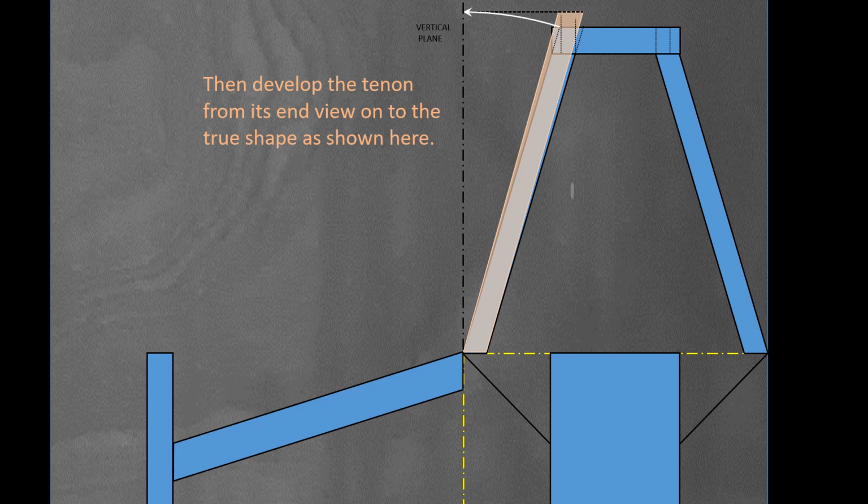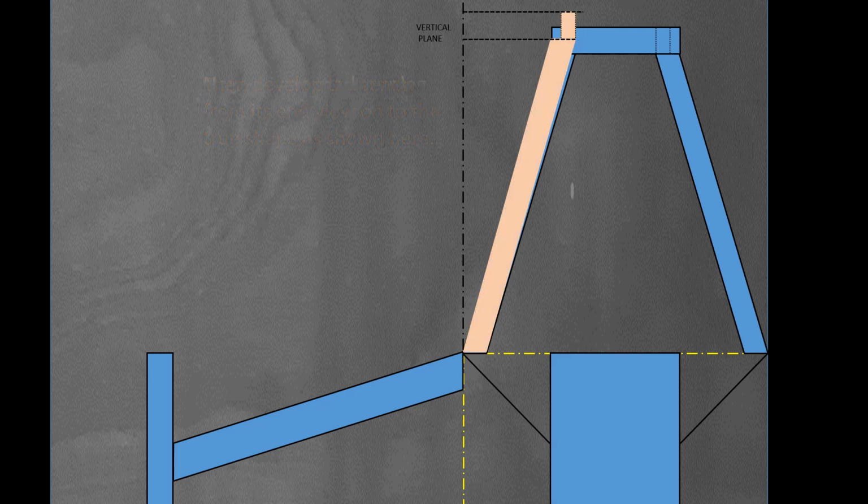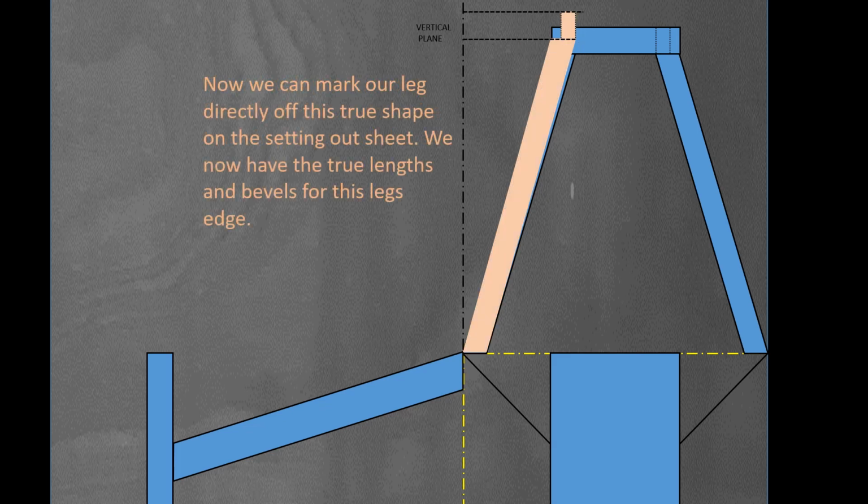Then develop the tenon from its in view onto the true shape as animated here. So now we can mark our leg directly off this true shape on the setting out sheet. We now have the true lengths and bevels for this leg's edge.